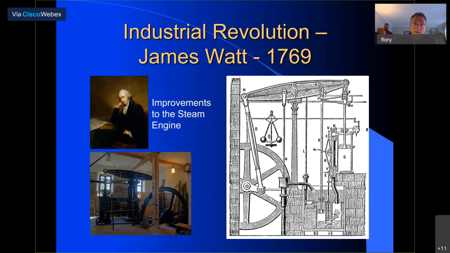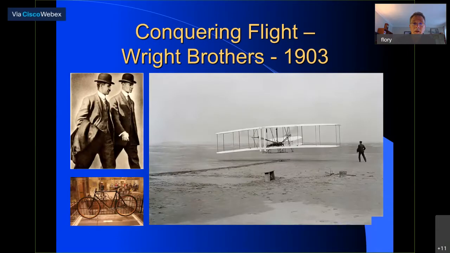James Watt and his improvements to the steam engine are a landmark event. Certainly, the conquering of the air by the Wright brothers at the turn of the last century was a tremendous event and launched the aerospace industry.